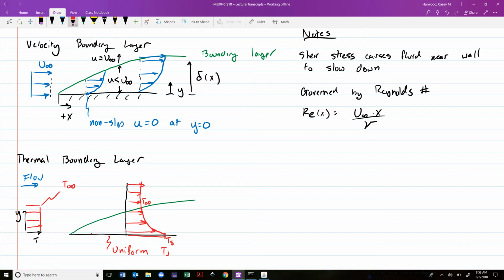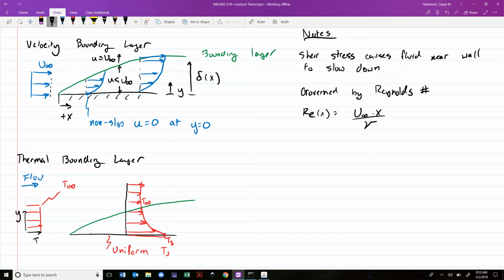I want you to understand that these arrows in this line here are indicating not the velocity any longer, but the magnitude of the temperature. So the idea is that inside of our thermal boundary layer, the temperature is varying between the surface temperature and the free stream temperature.